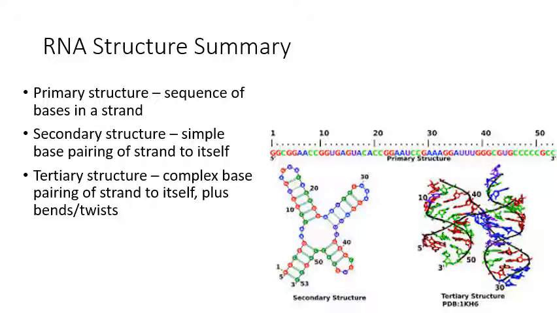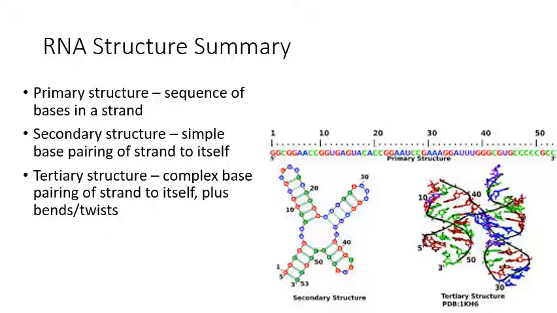So here you have a summary of the structure of RNA. Just like for DNA, the primary structure is a sequence of bases in the strand. Then the secondary structure will be different from the DNA secondary structure. The secondary structure for RNA is the single strand folding back on itself and base pairing with itself whenever you have regions of that strand that are complementary to each other in their primary structure.